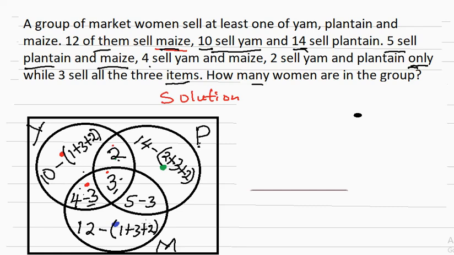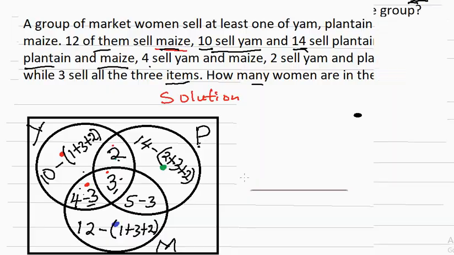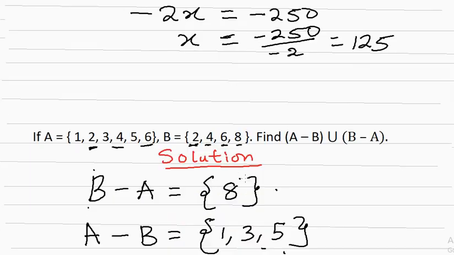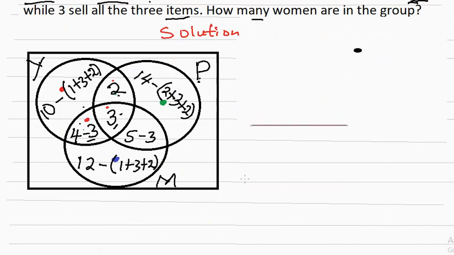We are being asked to find the number of women in the group, so we are looking for the number of the universal set.